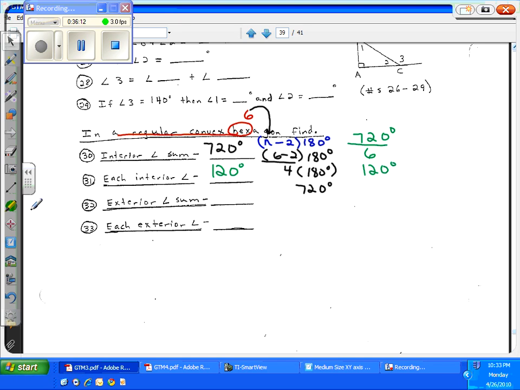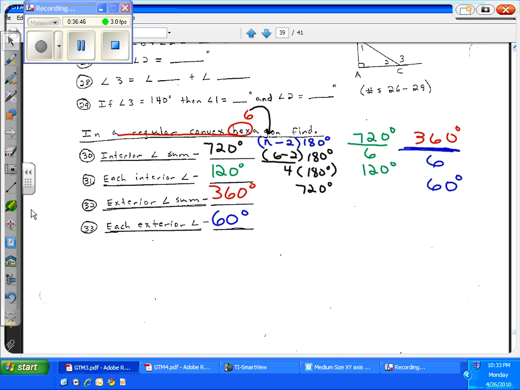The exterior angle sum of any polygon is 360 degrees, no matter how many sides it has, and so that's just 360. To find each exterior angle, you would take the exterior angle sum 360 divided by the number of sides, 6, and you would get each exterior angle at 60 degrees.